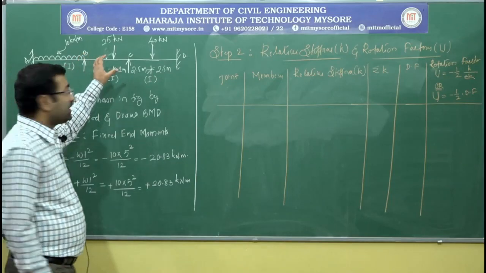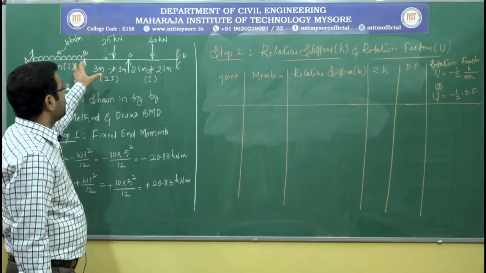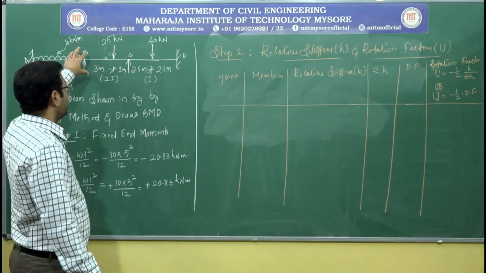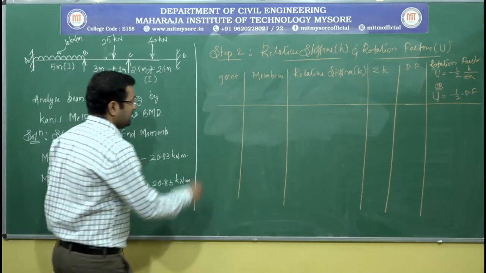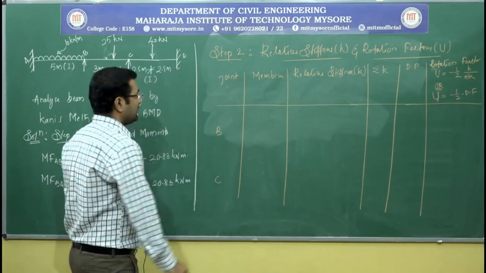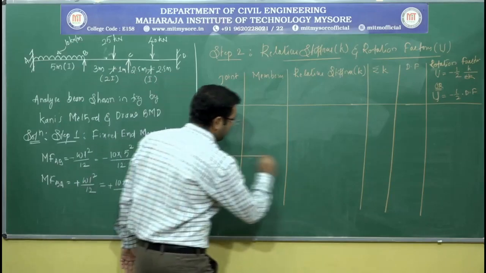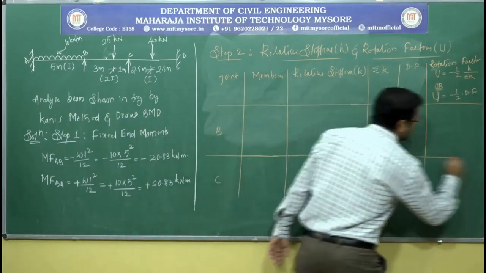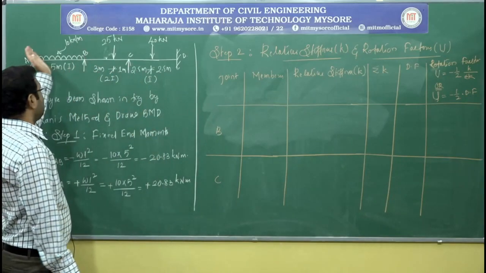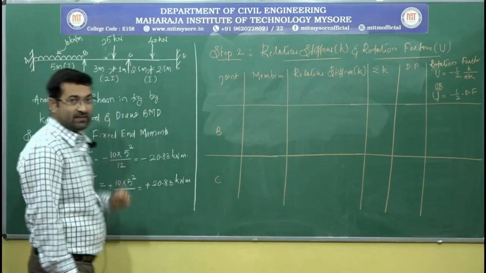Now, if I see the given loading diagram, you can see here there are two intermediate joints, one is B and another one is C. So I will note down them, one is B and another one is C. Right. Now at point B we have two members, one is BA, another one is BC.